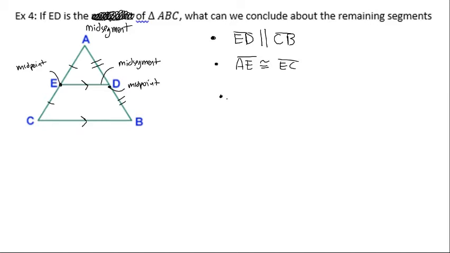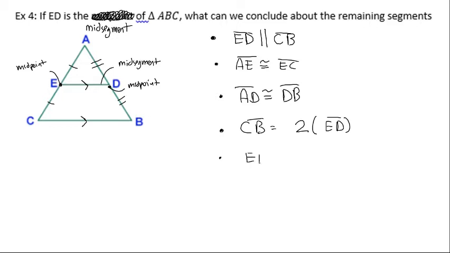So we're also going to say that AD is congruent to DB. Another thing right here, you're also going to say that CB is equal to twice ED. Or if you go the other way around, you can also say that ED is half the length of CB.